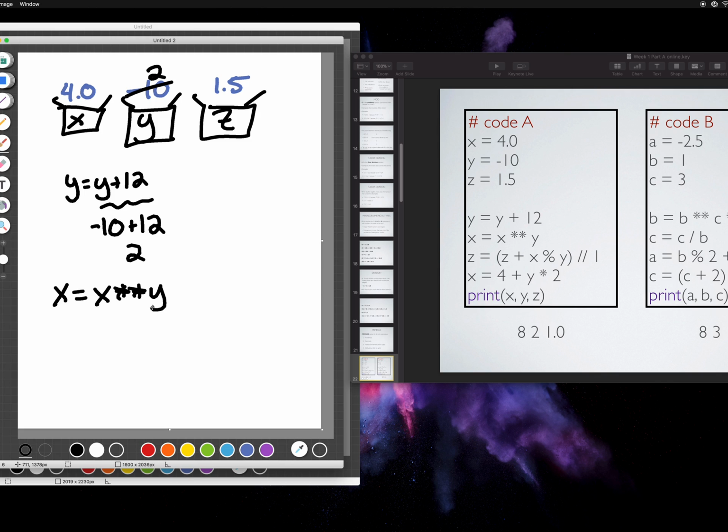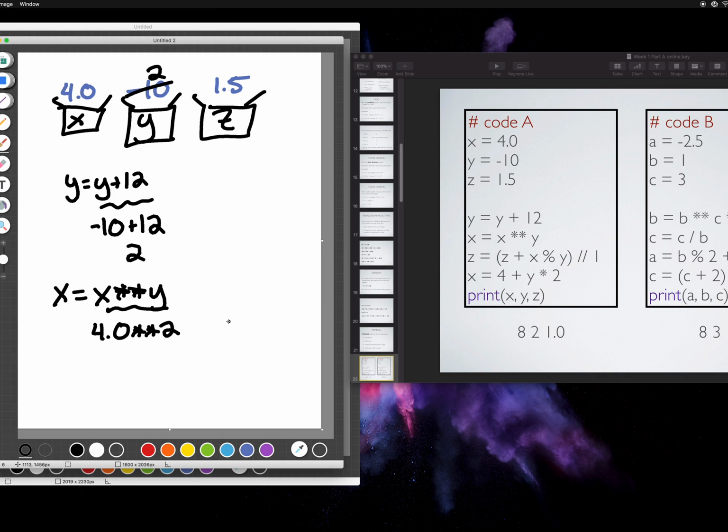At this point in time, x is 4.0. Make sure you have this 4.0. That does make a difference because it is a floating point value. And then we have 4.0 raised to the y, which at this point in time is 2. Use the most recent value. So this will give us 8.0.